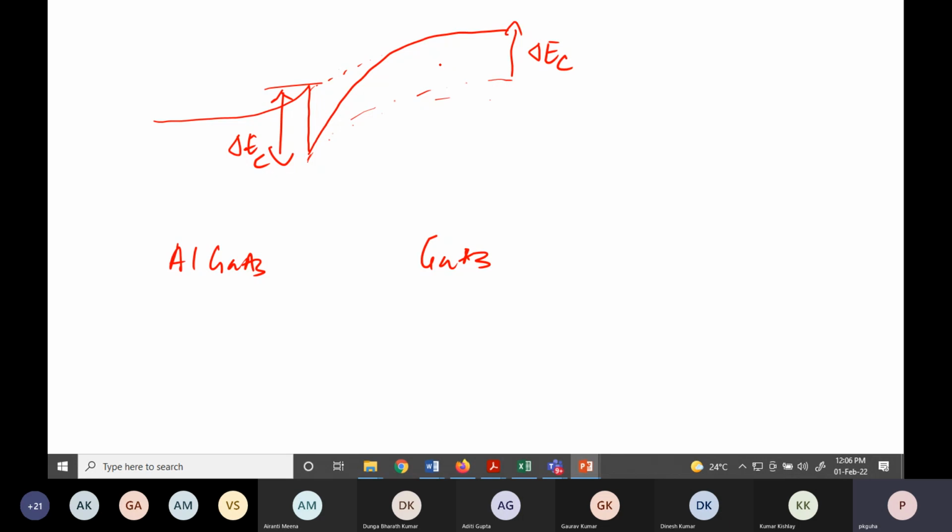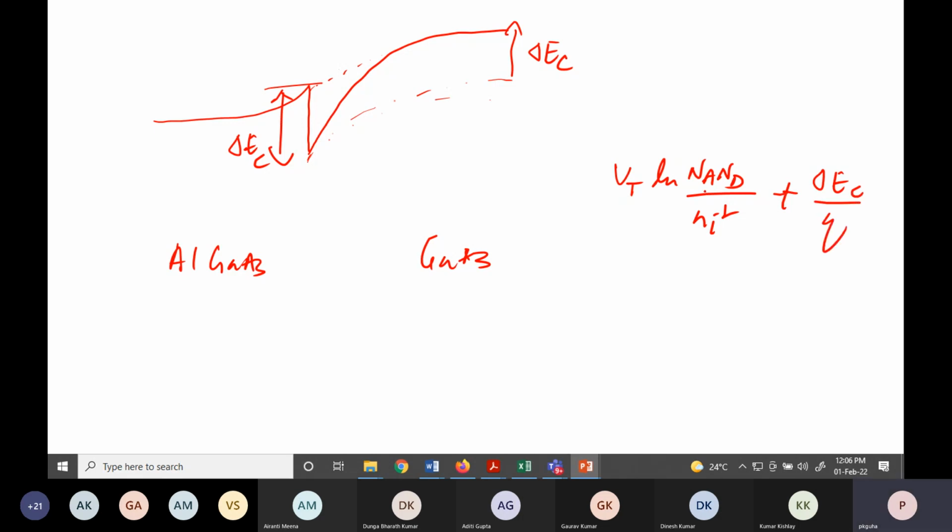The built-in potential is more than the built-in potential we get in the homojunction case. You remember we wrote it as Vt ln(NA ND / ni squared) plus delta EC over q.